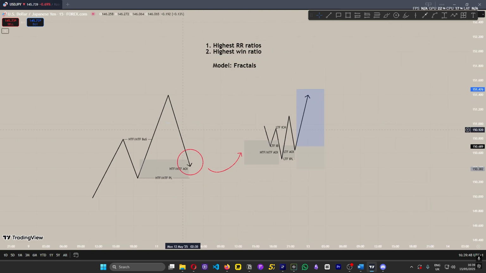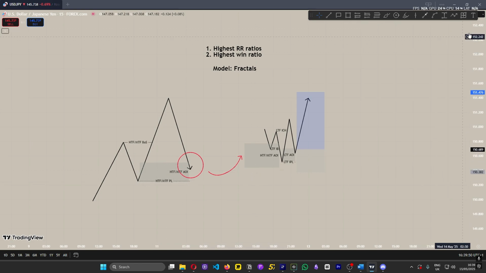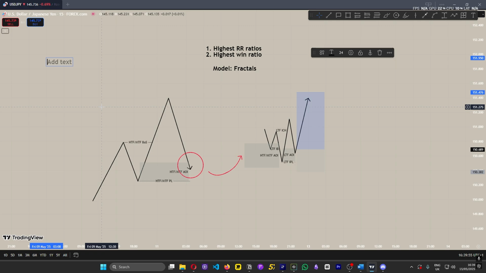Now, before we look at how it works, you also need to remember the time frames that I consider higher time frame and middle time frame. For the higher time frame, daily, the 4-hour time frame, and you also have the 1-hour time frame.